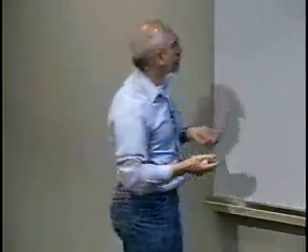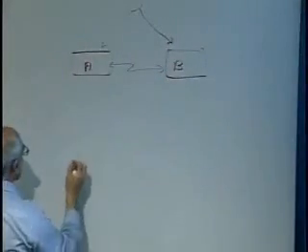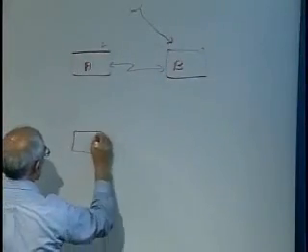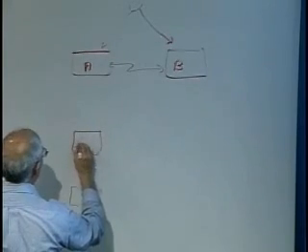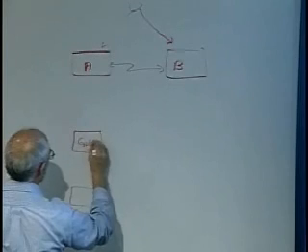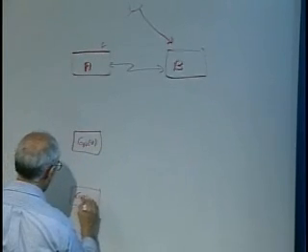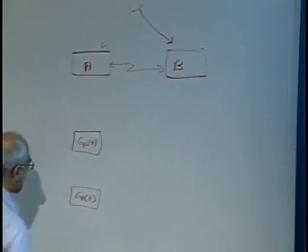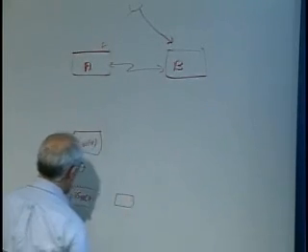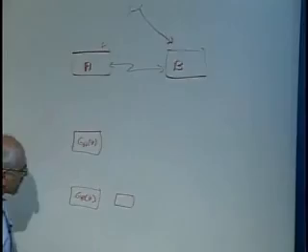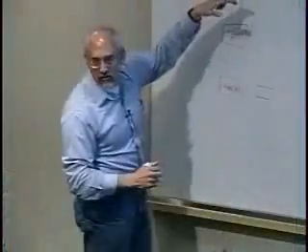So how might you model this? Let's say this is system A and this is system B. I've got a box here, a transfer function for A, so I'll have a GA of Z and a GB of Z. And I've got something else over here which represents some of the communication that's going on.